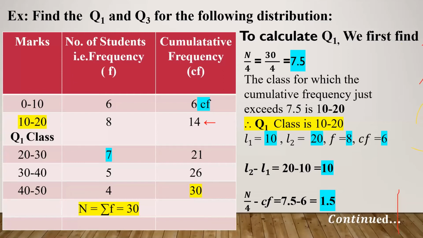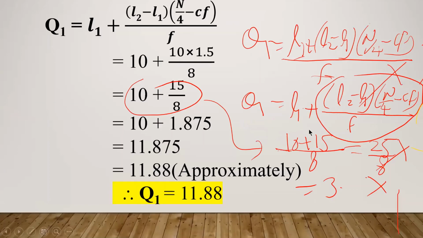And most probably the mistake you would have made will be this one. So see that you read the slides properly, see the formula correctly, apply the formula correctly, and do the calculation correctly. Finally, you can check this.